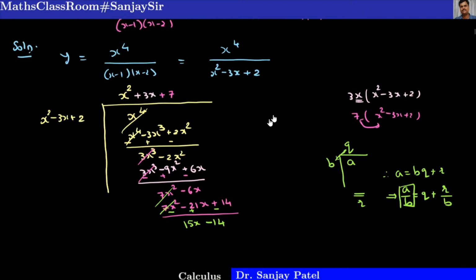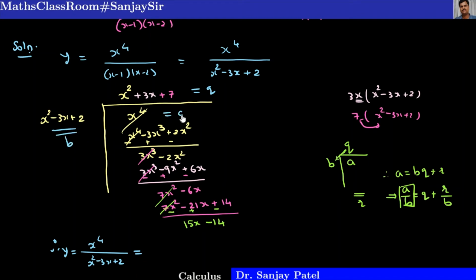From the above division process, what we can do is this. Therefore, x to the 4 upon x square minus 3x plus 2, which is actually y, so I am writing y here also. This y we can express as the quotient, this is the quotient. This is the divisor, which is b.